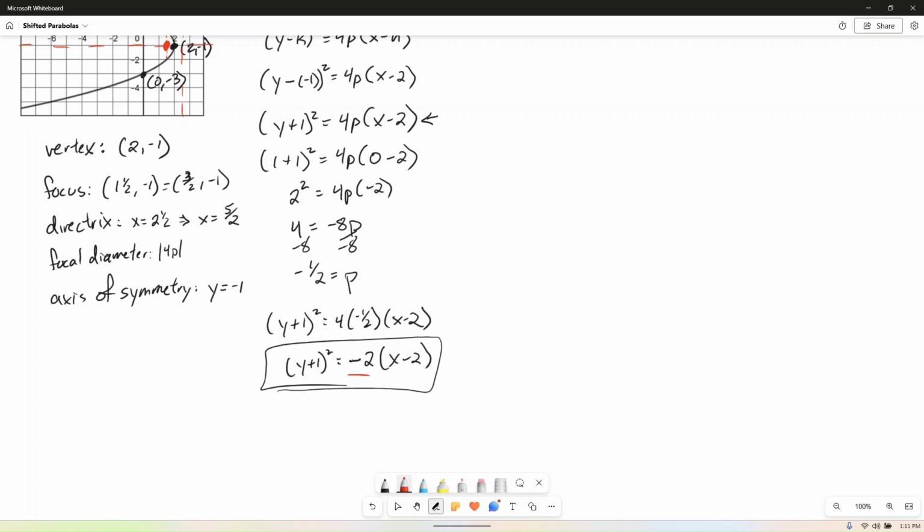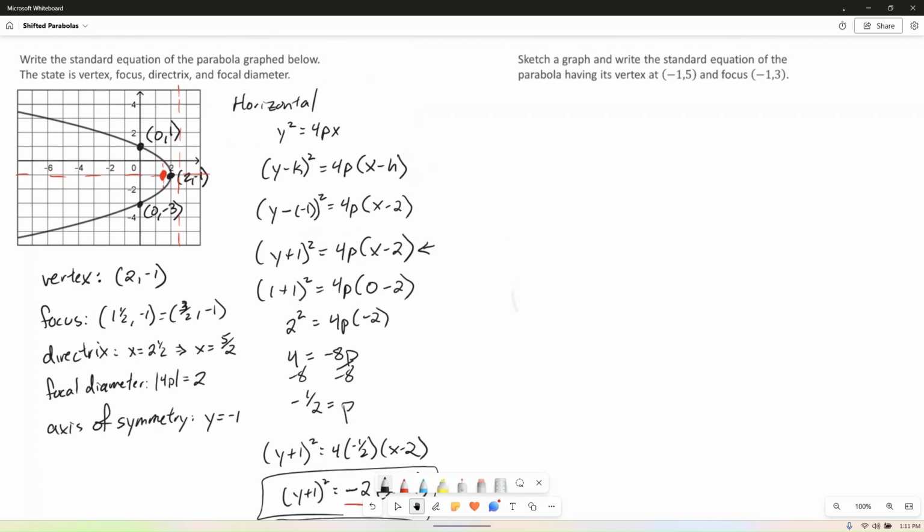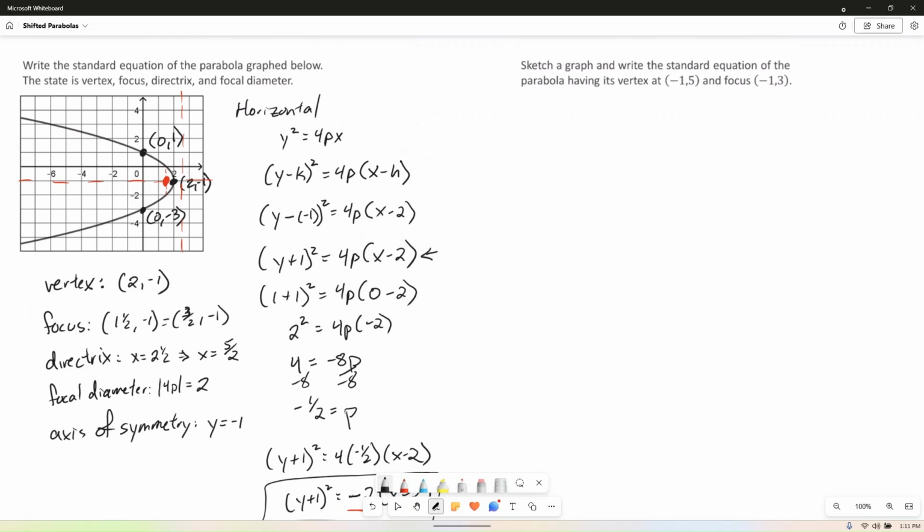So if you just take the absolute value, we don't need the negative in here. We know that the focal diameter is going to have a length of 2. So that means the parabola is 2 units wide if you were to draw a diameter from one side to the other passing through the focus. Which actually does happen. If you look at our parabola there, it's 2 units from the top edge to the bottom edge passing through the focus.